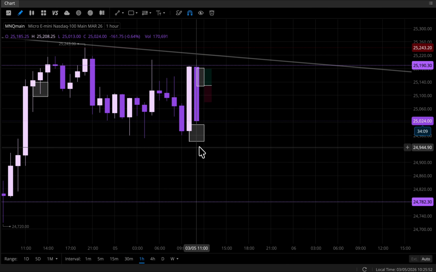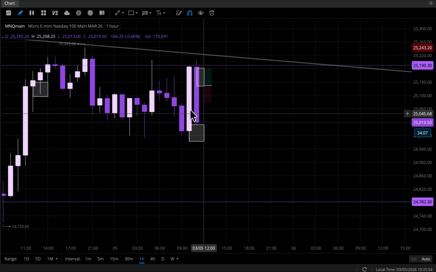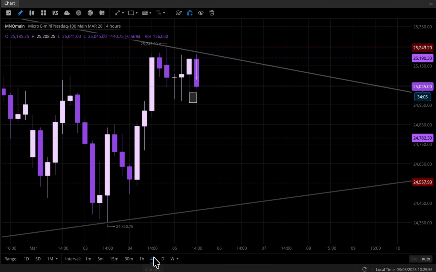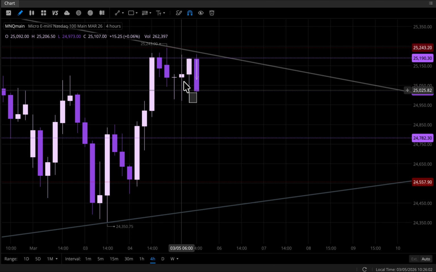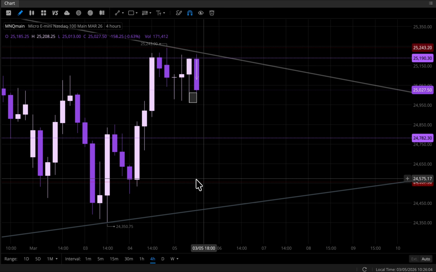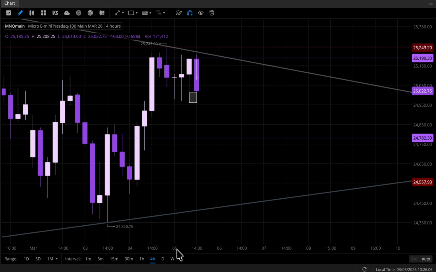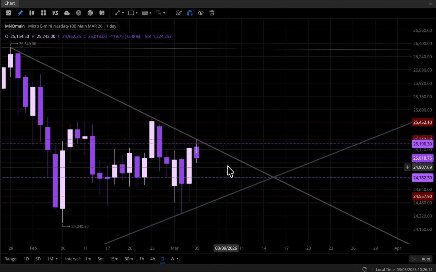Tap on the 1 hour. Yeah, everything is lining up really well. Then we got a double top on the 4 hour. So price can definitely go down to here for sure. I mean, I say for sure. Price could do whatever it wants, but minimum here. Yeah, so that looks really good.